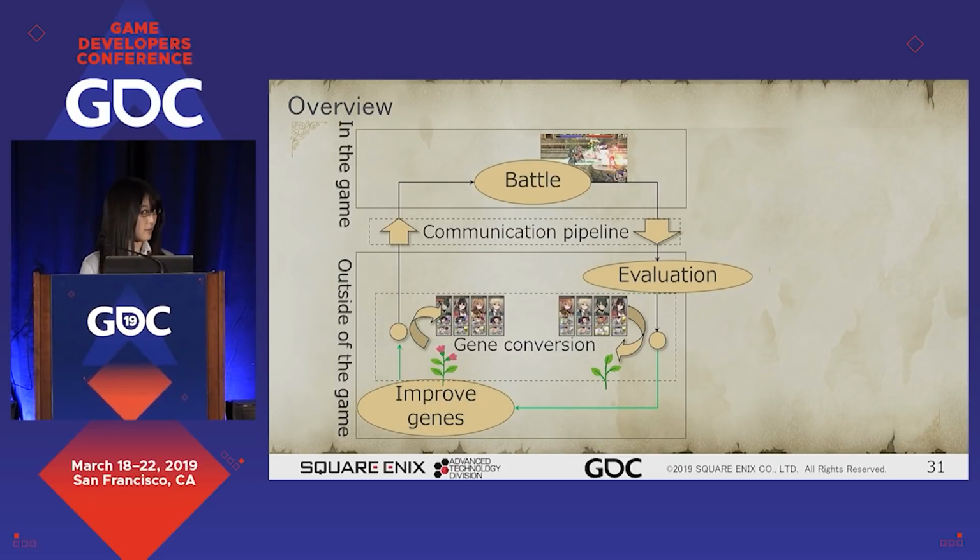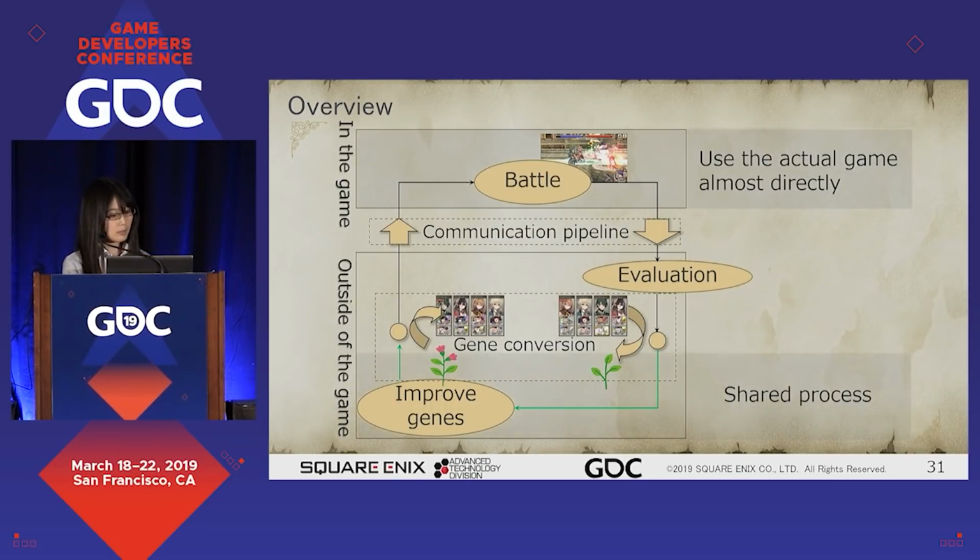Before and after the improvement step, there is a conversion process. This looks redundant work, but it allows the improvement steps to be independent from the game, and so that it can be applied to any games. In short, the battle part is almost the same as actual game, and the improvement process by GA can be shared.